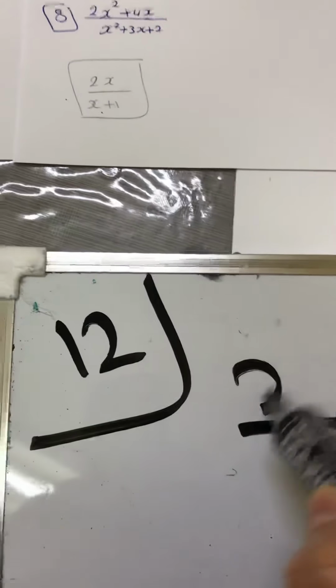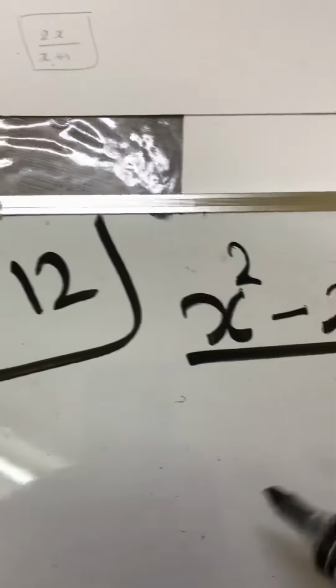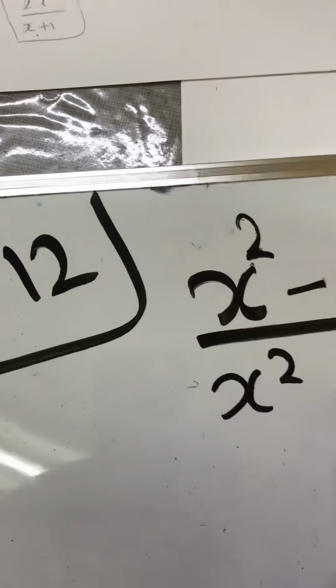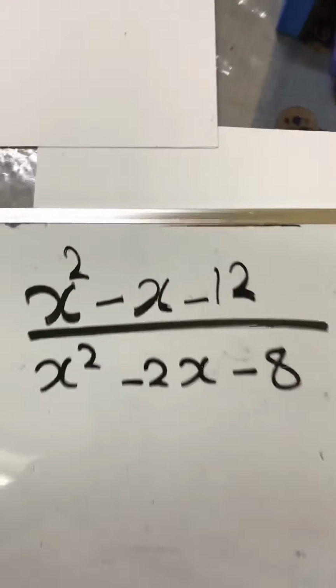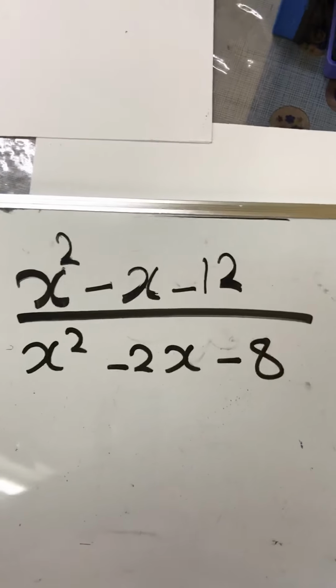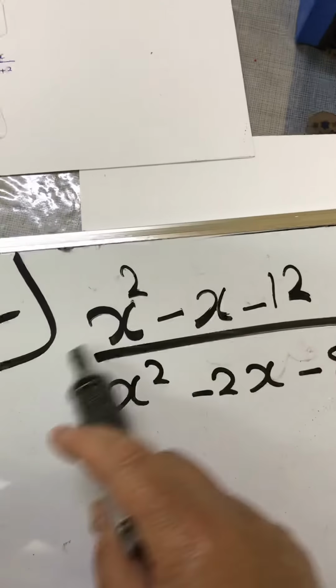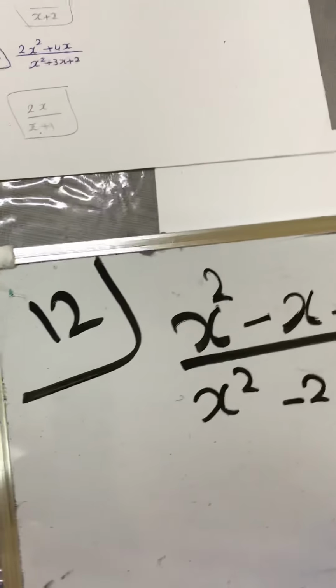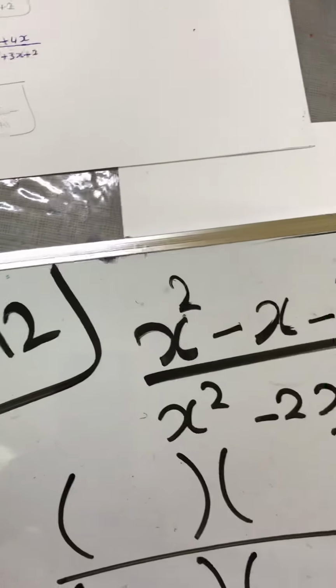Now let's solve number 12, the same exercise. I have x squared minus x minus 12 over x squared minus 2x minus 8, as you see here. Okay, quadratic up and down, so I'll open 2 brackets up and 2 brackets down.